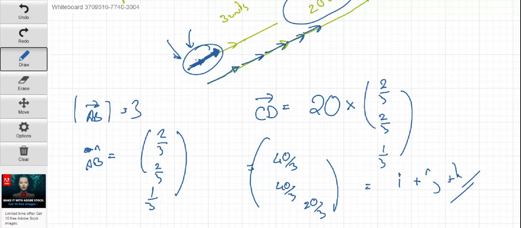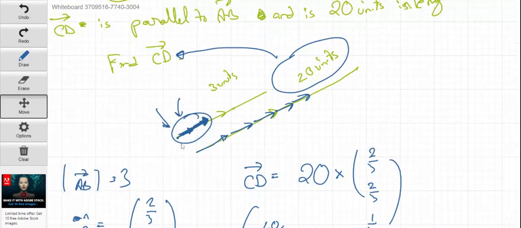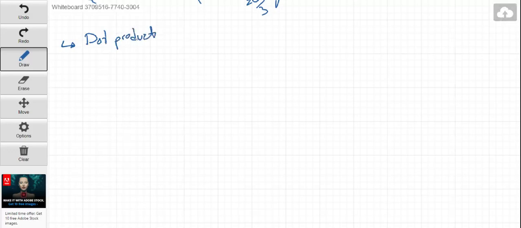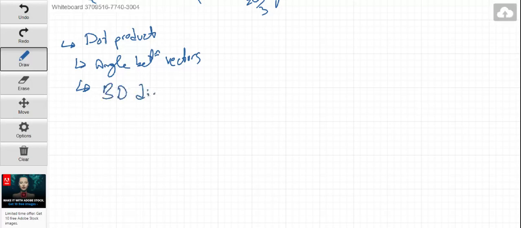So this was a review of the old stuff that you did in Additional Maths. You might be bored by now, but in the next lectures, we'll be talking about the new stuff: the dot product of vectors, the angle between vectors, and finally 3D diagrams.